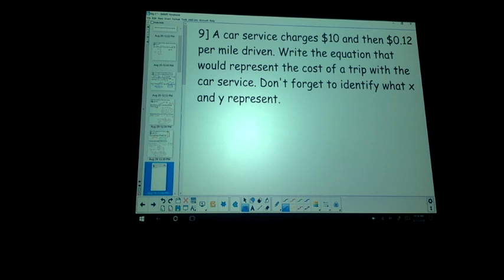All right. A car service charges $10 and then 12 cents per mile driven. So, a car service is going to charge you $10 no matter what. Everyone agree?